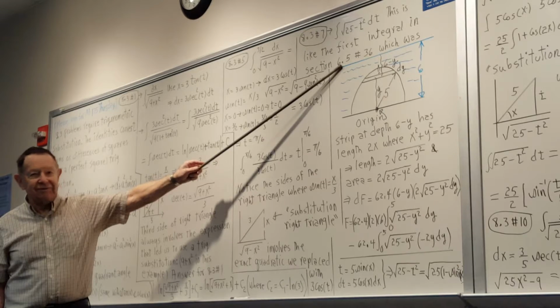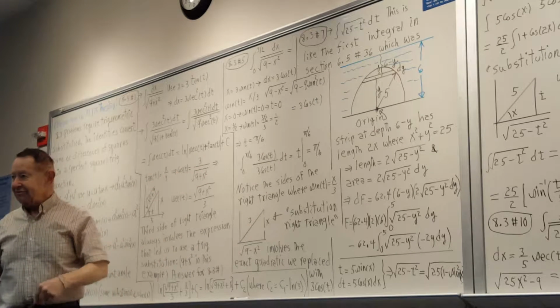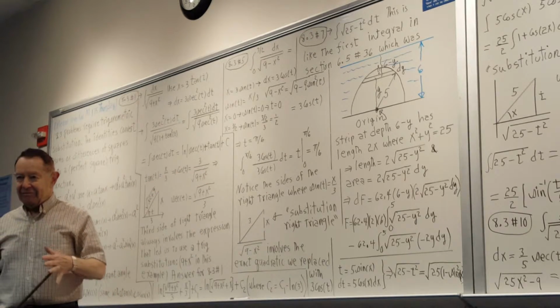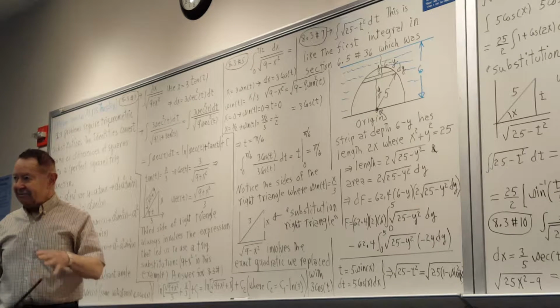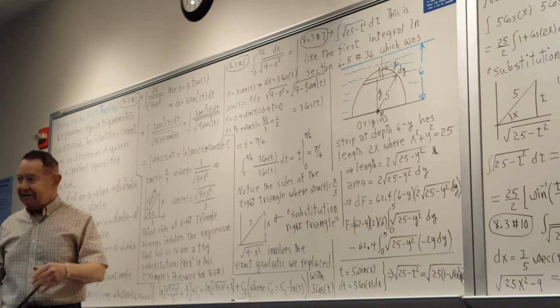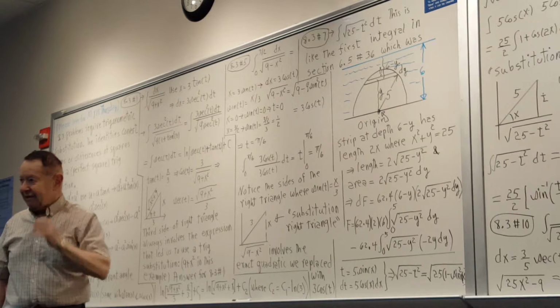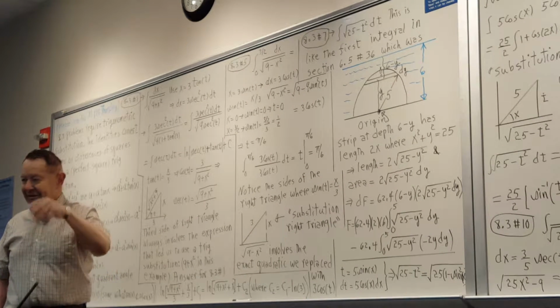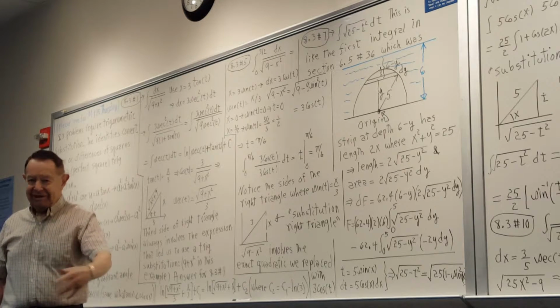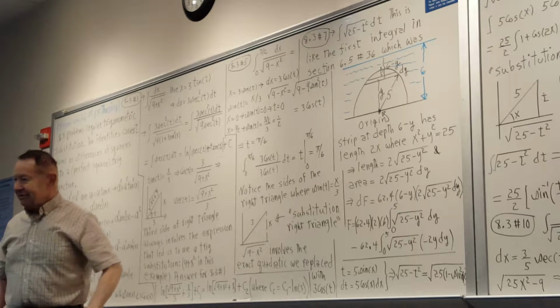When we were in 6.5, that was the kind of thing where, if you remember the 6.5 problems, a lot of them were work done by variable force like Hooke's law and whatnot, or lifting the bucket where the water was leaking out in the sand or whatever.